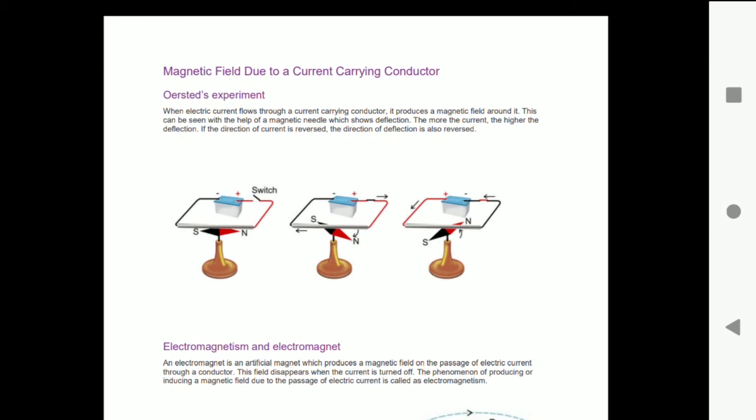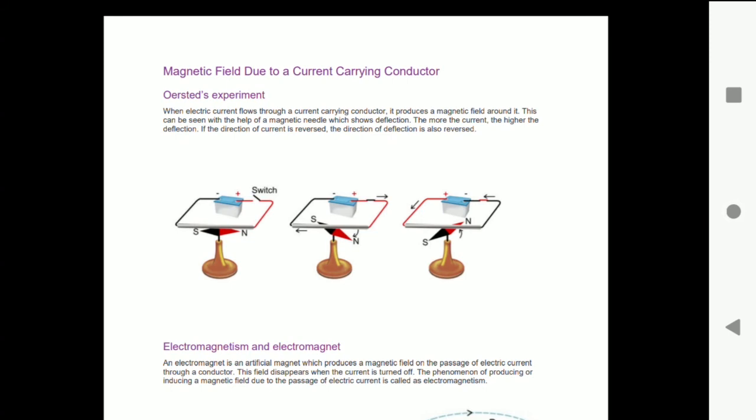Connect all of them in series as shown in figure number 1. Place the straight wire parallel and over a compass needle. Plug the key in the circuit. Observe the direction of deflection of the north pole of the needle.